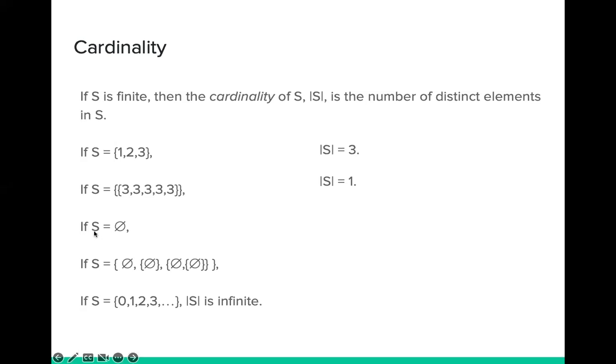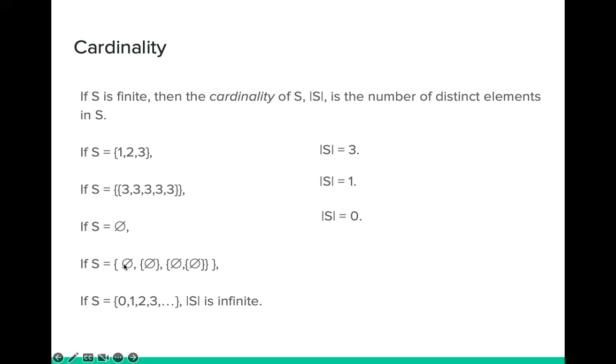Now, if S is an empty set or a null set, what would be the cardinality of S? So the cardinality of S would be 0. We have already established that if a certain set is an empty set or a null set, it has 0 elements. Now, if S has these elements, an empty set, then another set with an empty set, then another set containing more empty sets, what would be the cardinality of this?